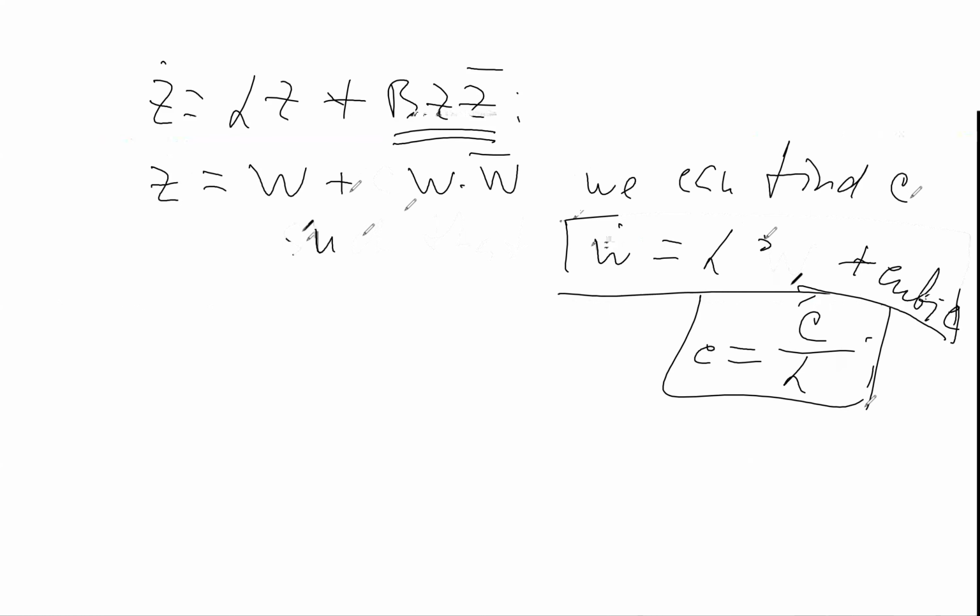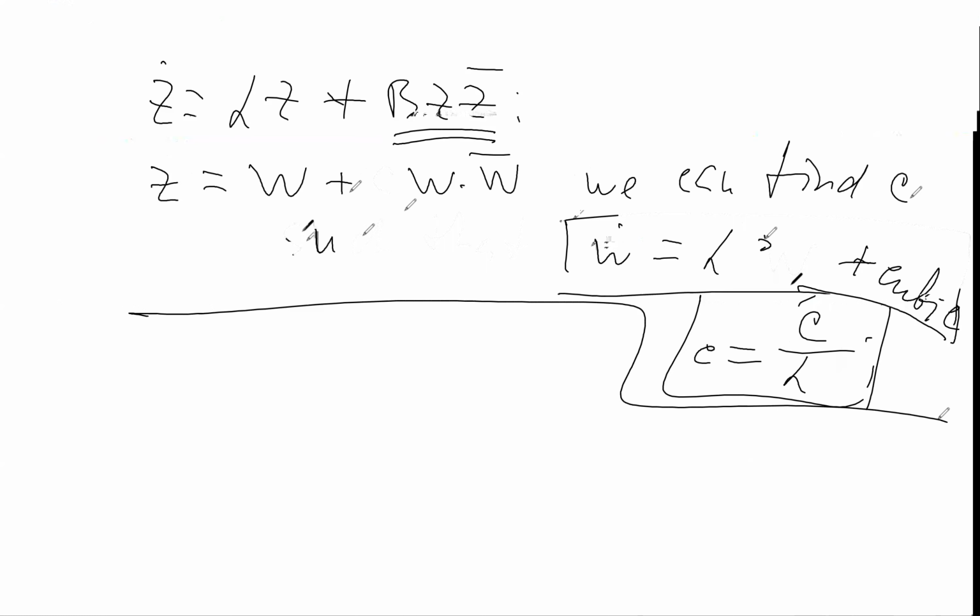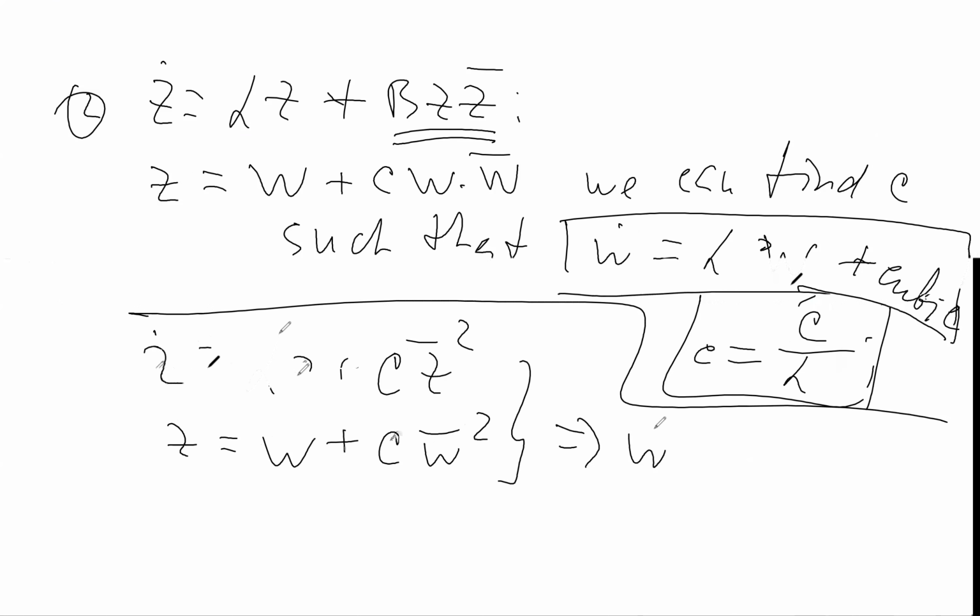And the same story is, by the way, the third story. So this was the second story. Third story: z dot is lambda z plus c capital z squared. In this case, we again use w, c times w complex conjugate squared, and we get w dot equals lambda w.